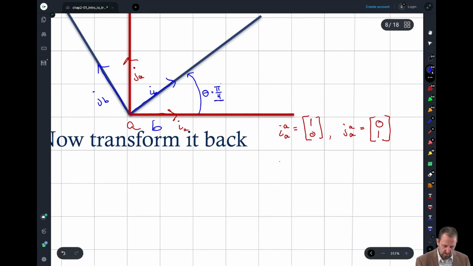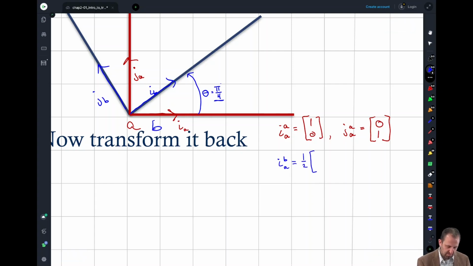So I^A in terms of frame B, I'm just going to put the 1/2 out front. And we can see that it's in the positive direction of I^B. So we'll have a square root of 2. And it's going to be in the negative direction. So if we're looking at frame B, it's in the negative direction for J. So we'll have negative square root of 2.